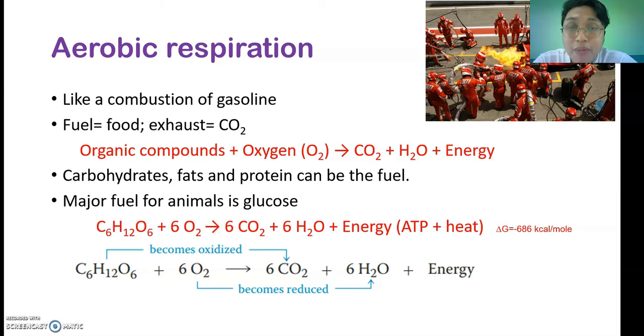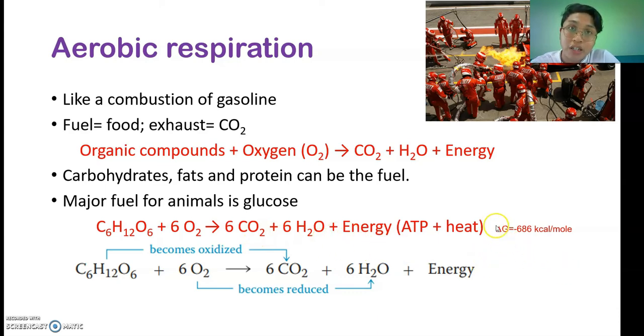The major fuel for animals is glucose. Glucose is a sugar, a monosaccharide, as we remember. The oxidation of a glucose molecule yields 6 moles of carbon dioxide, 6 moles of water, and energy.